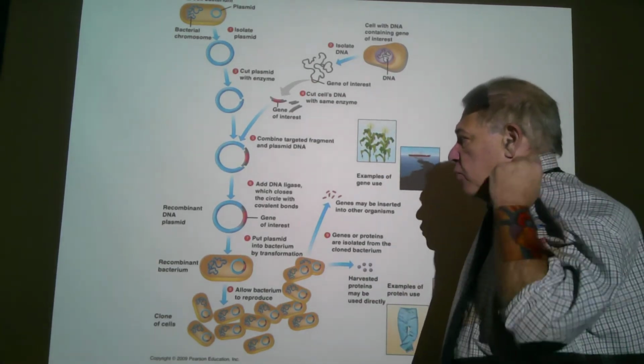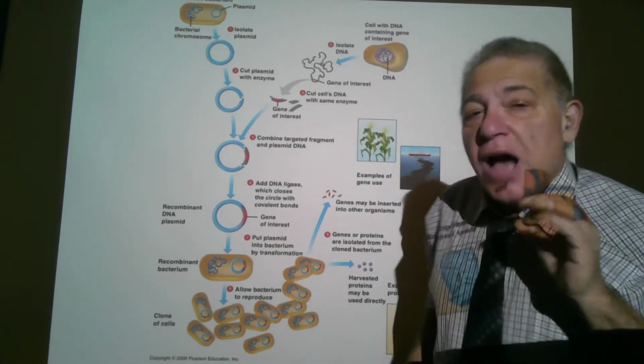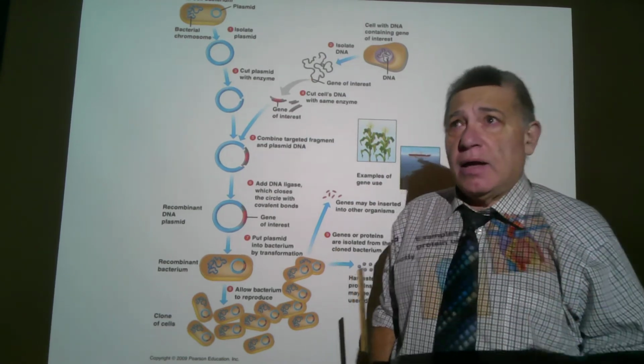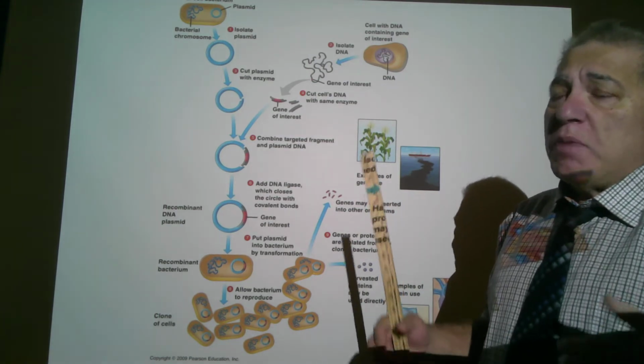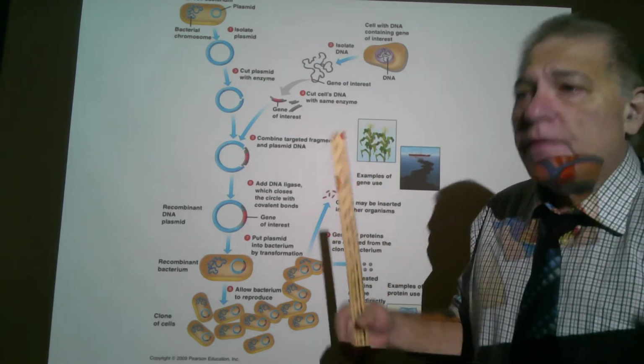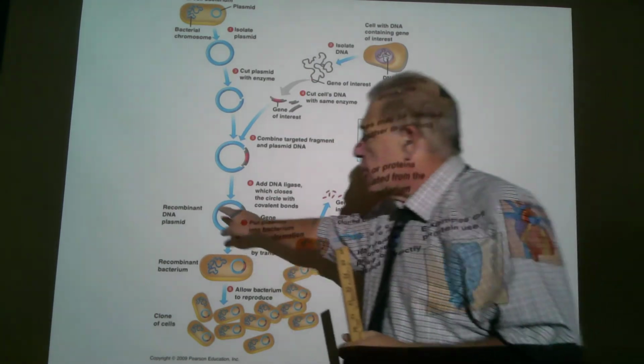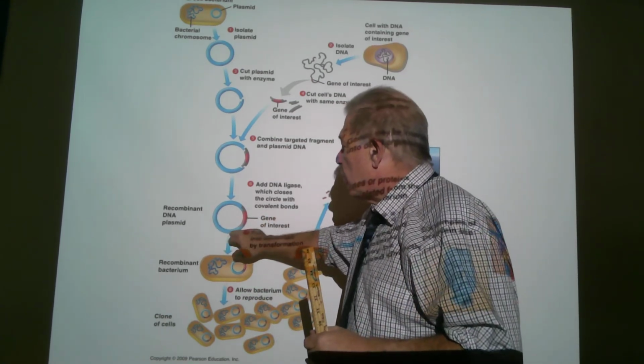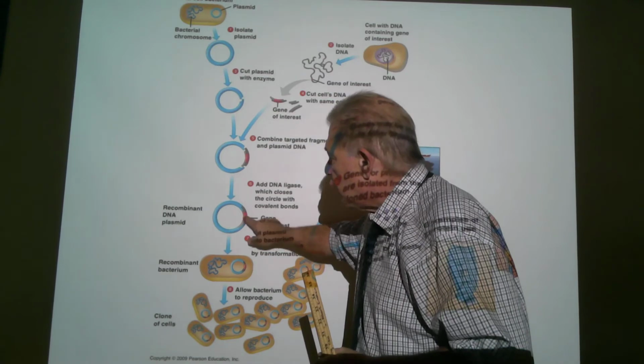So now we have what is called a recombinant DNA plasmid. Recombinant DNA really means what we did is we made a new combination of DNA in that plasmid. This recombinant DNA plasmid now has the gene of interest in it.